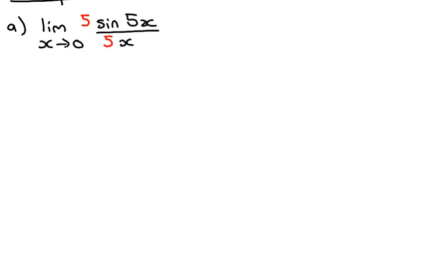Now remember the laws of limits. That allows me to take this 5 over here, this constant, I'm allowed to take it out to the front. So I've got 5 limit as x tends towards 0 of sine 5x over 5x.